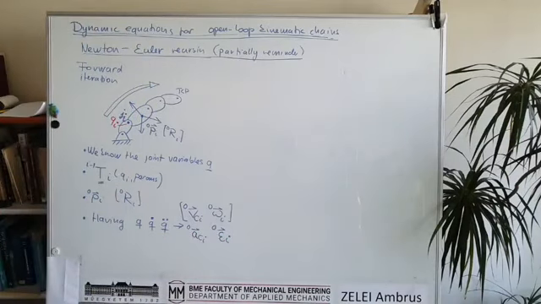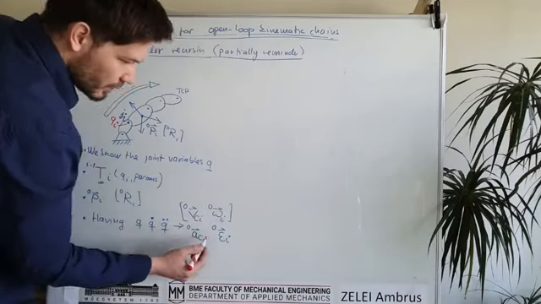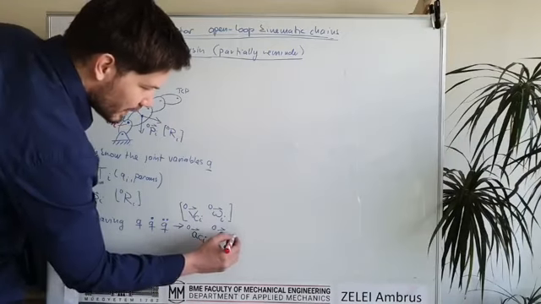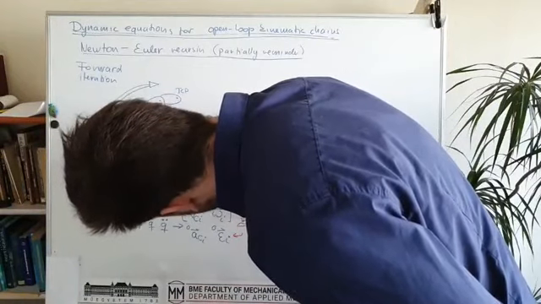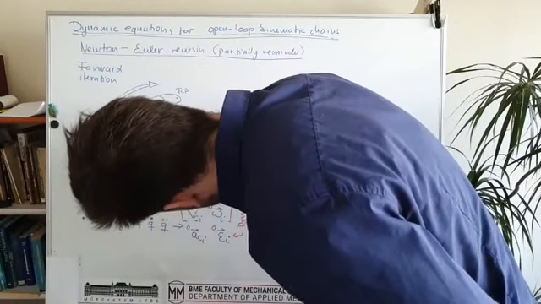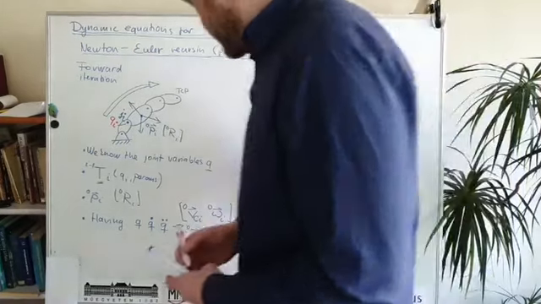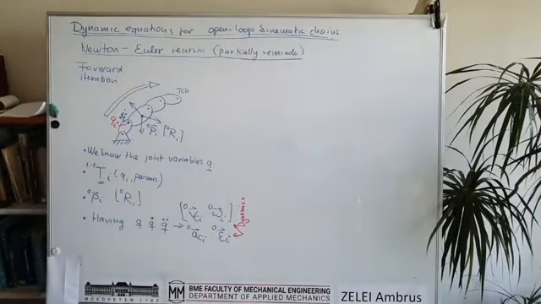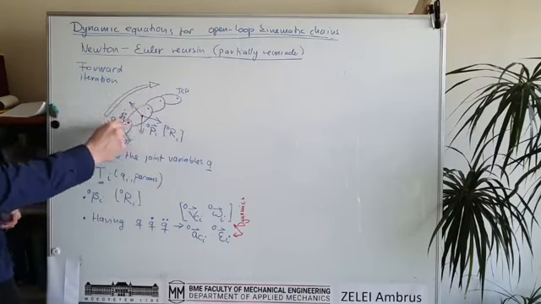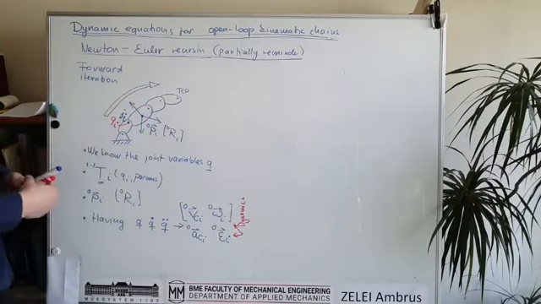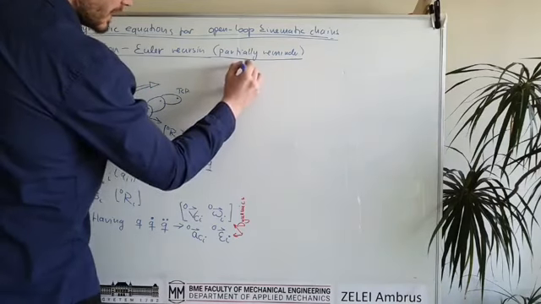These are necessary for the Newtonian equations, right? So these are needed for the dynamic equations. Actually, we also need the angular velocities. So these are necessary for the dynamics. And this is the forward iteration. So we can calculate the accelerations and velocities for each link or each rigid body.